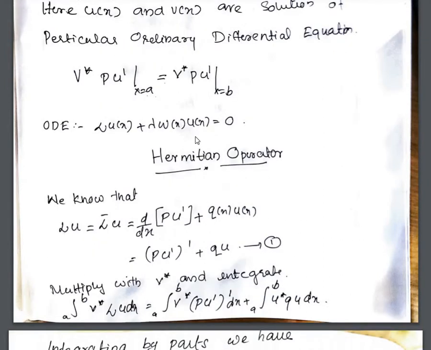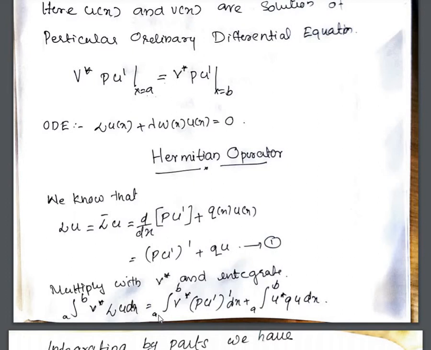So let us discuss the Hermitian operator. We know that for a self-adjoint operator, L of u is equal to L bar of u. So let us multiply with v star and integrate. We get the integral from a to b of v star Lu dx, which is equal to the integral of v star times d/dx of p u dash, which can be written as (p u dash) dash.